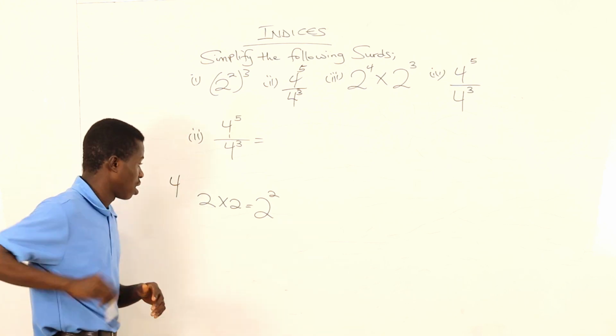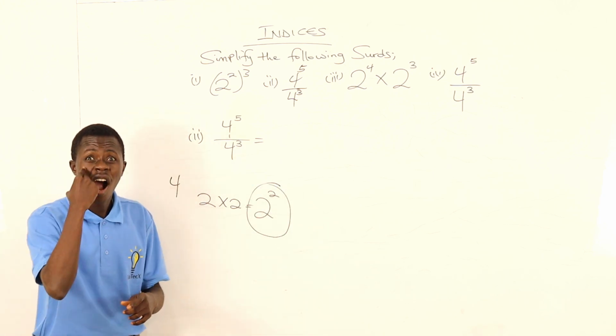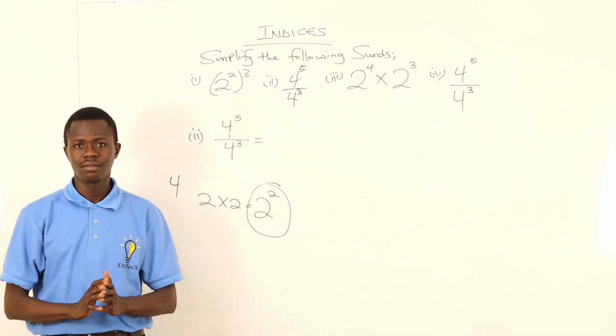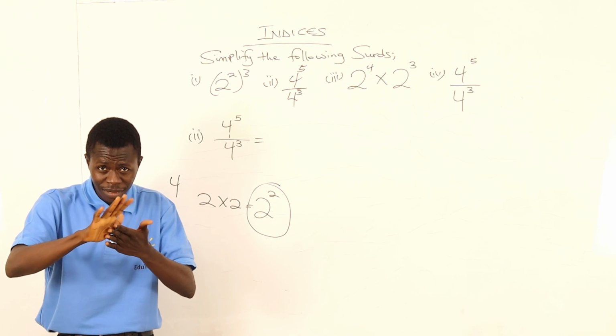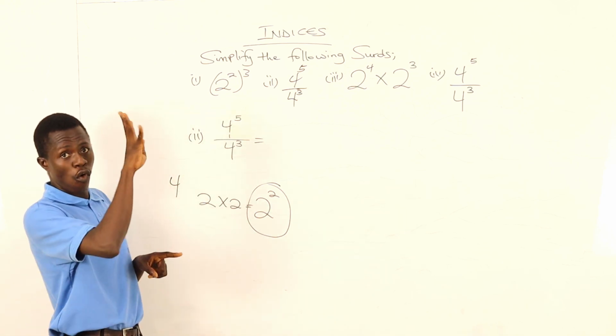Since we are talking about indices, we would use 2 raised to the power 2. So instead of writing 4, we would replace 4 with 2 raised to the power 2.